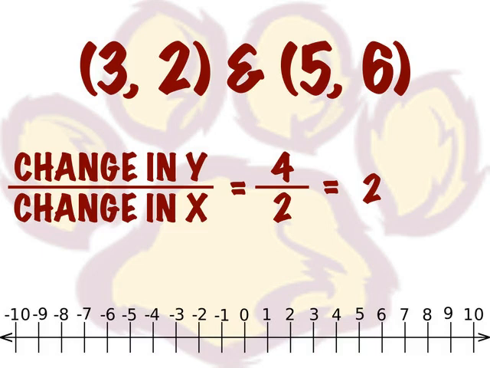And if we have 4 over 2, that simplifies to just a slope of 2. Now, with positive numbers, it's a lot of times not necessary to use the number line. You can generally see the change from 2 to 6 or 3 to 5 just by looking at the 2 numbers and doing a little bit of subtraction.